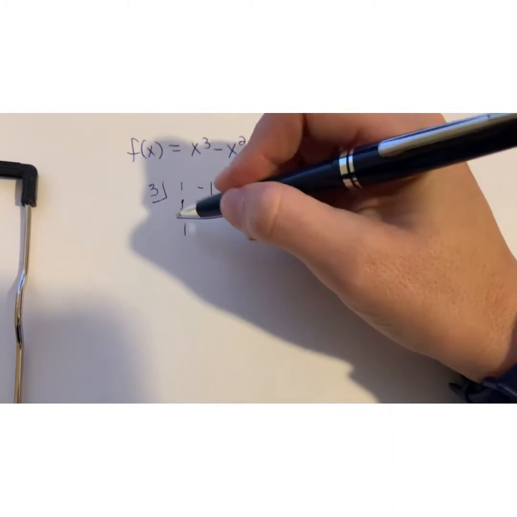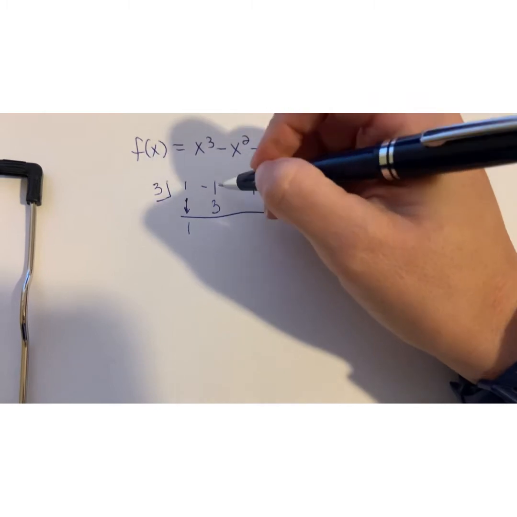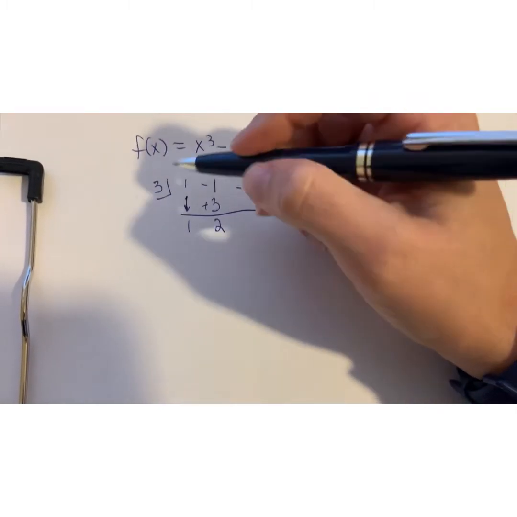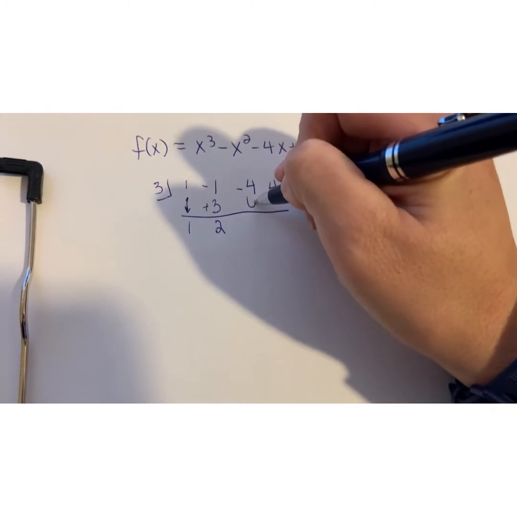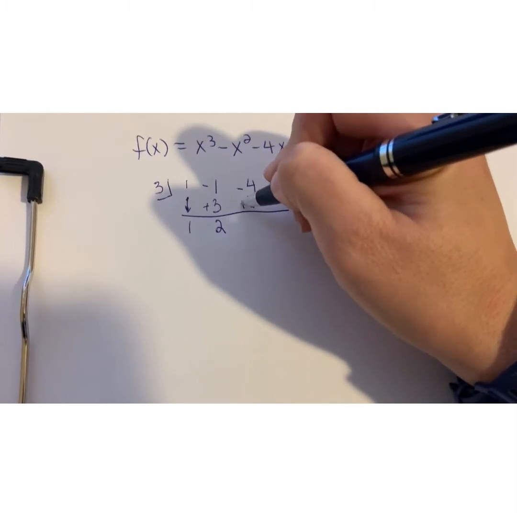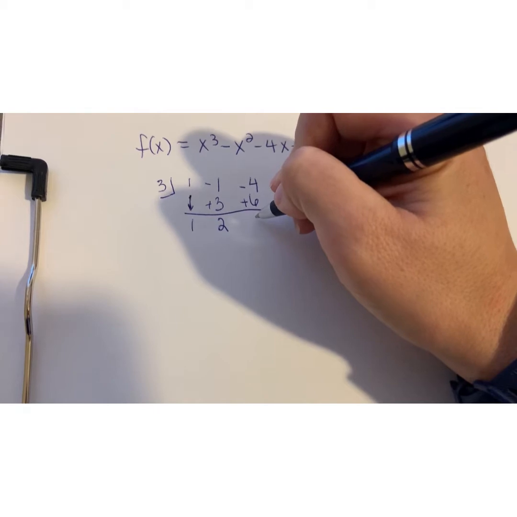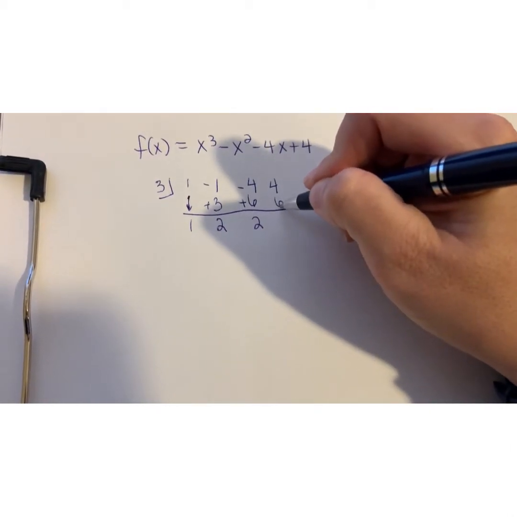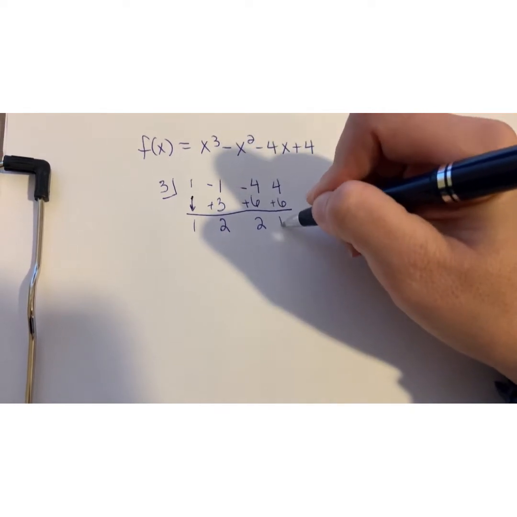Drop the 1. 3 times 1 is 3. -1 plus 3 is 2. 3 times 2 is 6. -4 plus 6 is 2. And 3 times 2 is 6.